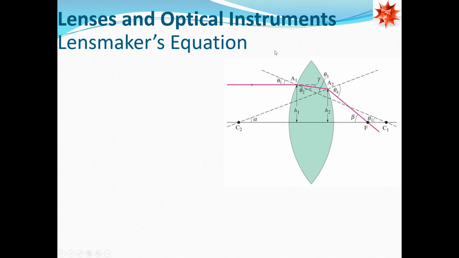I said that they're both convex or they're both concave. However, I didn't mention if one was maybe more convex than the other or more concave than the other. I also didn't mention what type of materials this was made of. So a lot of those will actually play a part in the actual setup.